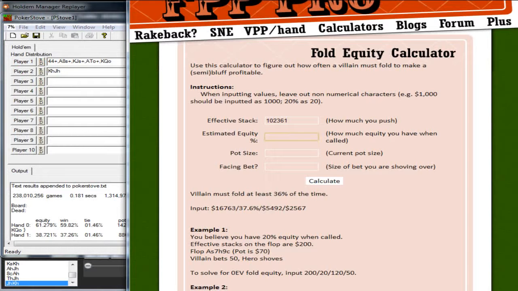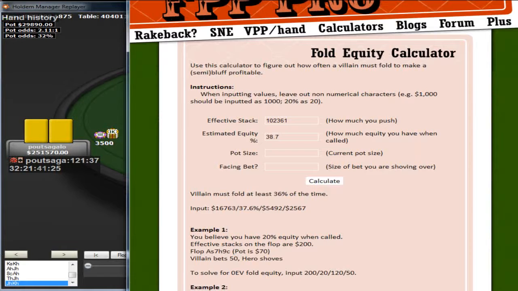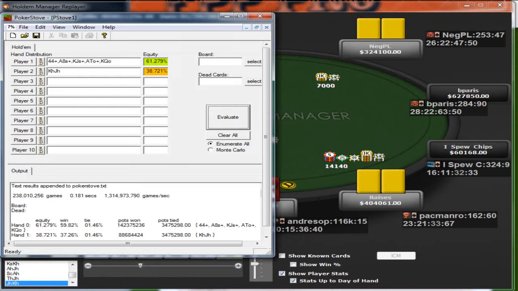So, 38.7. What is the pot size after he raises? 29,890. Am I facing a bet? Yes, 14,140. And let's go back to this.